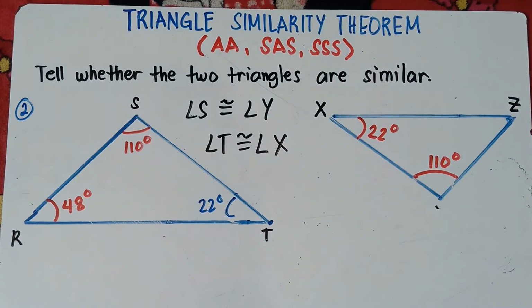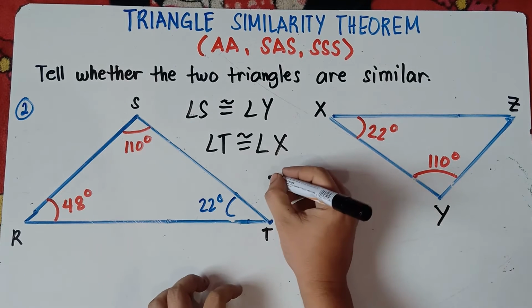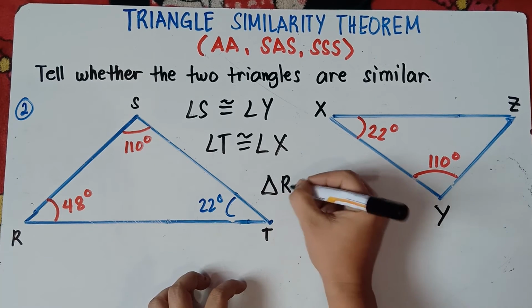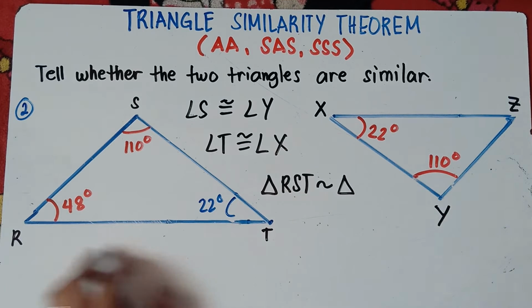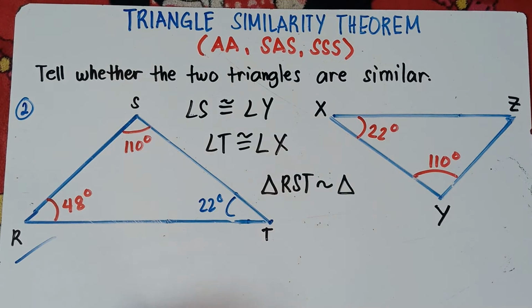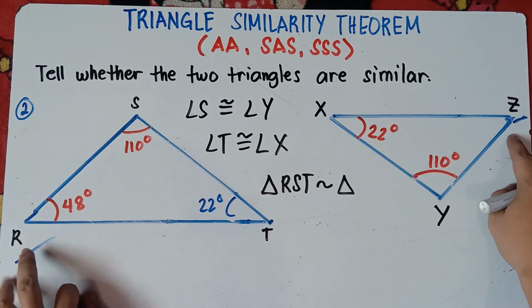So we can write this as triangle RST is similar to triangle. Once again, angle R corresponds to angle Z because they have the same angles.